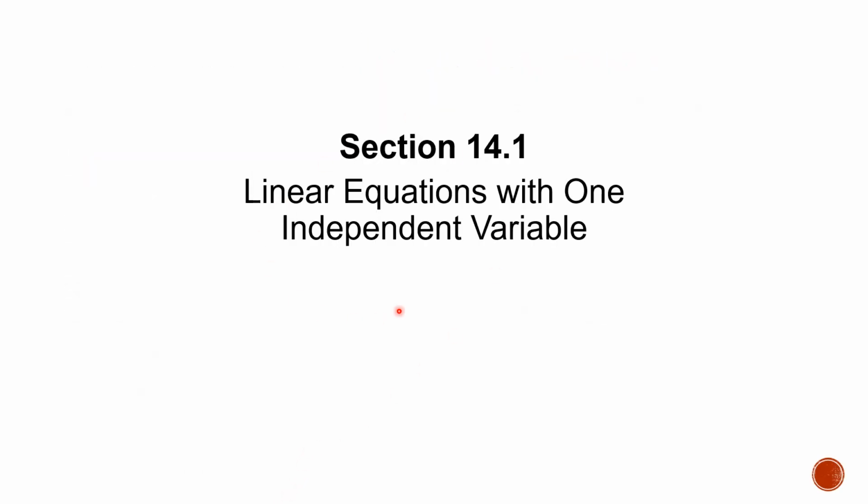Now, in the first section of this chapter, we are going to review a little bit on linear equations with one independent variable. Now, we've all seen equations of this nature, right? Y equals mx plus b. So we may have been given in an algebra course before something like 1/3 x plus 7.